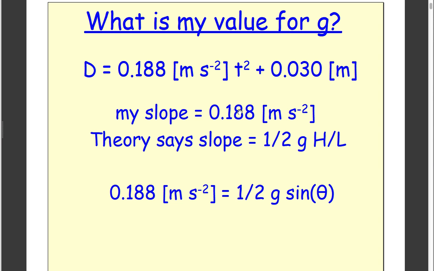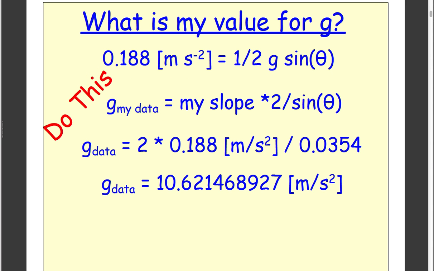Now, my slope was this value, 0.188 meters per second squared. But the theory says that the slope should be equal to 1/2 g sine theta, or 1/2 g h over L. So we can take your slope and set it equal to 1/2 g sine theta. And I'd like you to do that now and solve for g experimental, or g from my data.